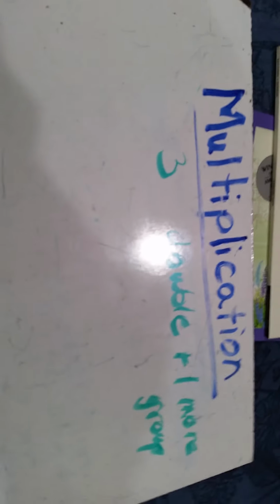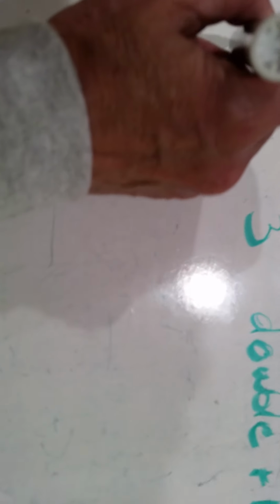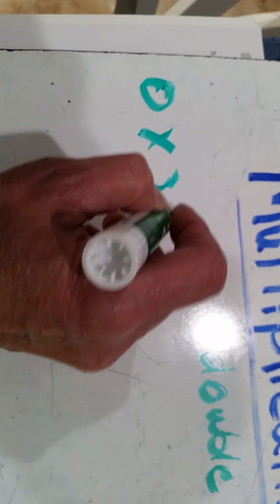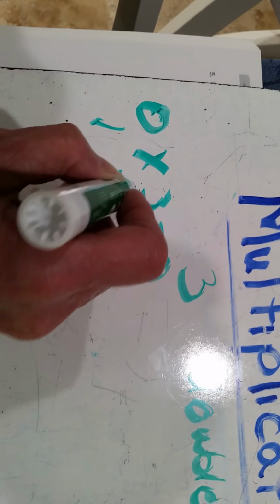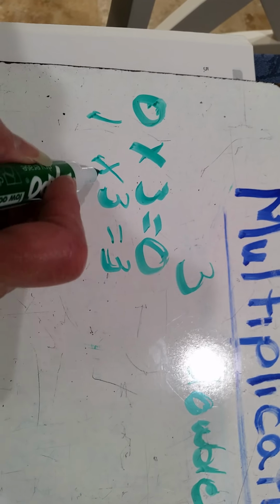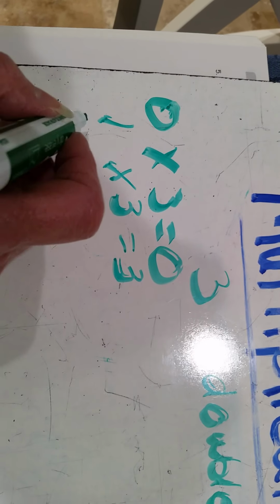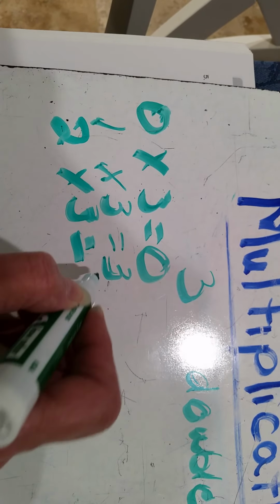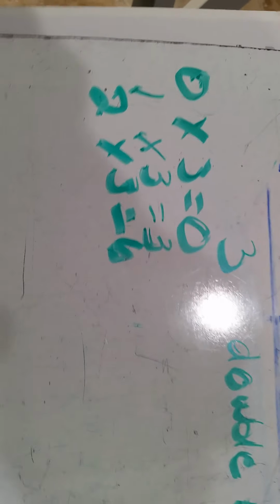If we could do that, then we would count by 3s, okay? We know 0 times 3 equals 0, because 0 times anything equals 0. 1 times 3 equals 3, because one group of 3 is 3, okay? 2 times 3 is the double of 3, that is 6.